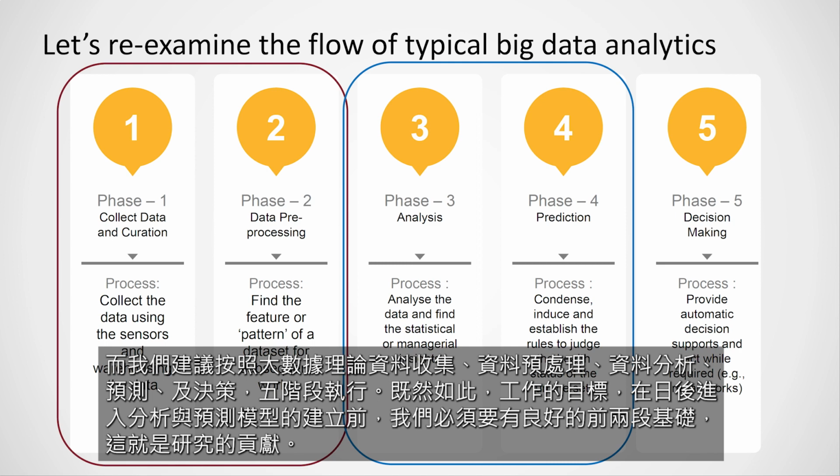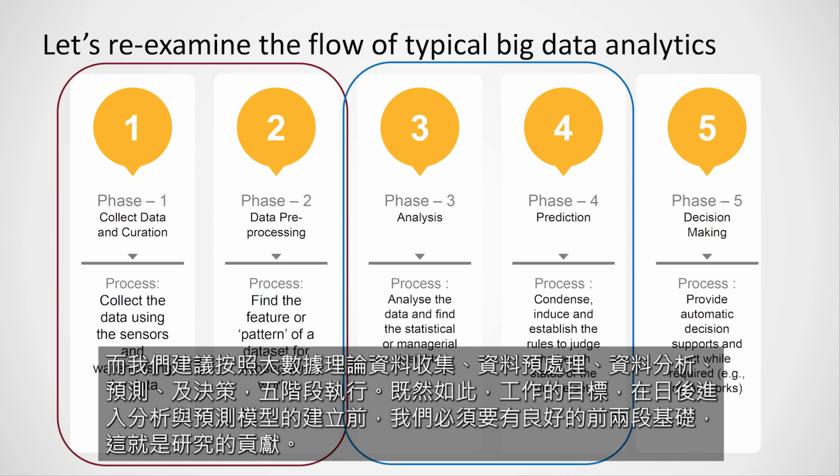Anyhow, we are to predict something. And the fifth step is decision making. Decision making involves providing automatic decision support functions for the decision makers to act while required. For example, for our case, it is those repairing works.